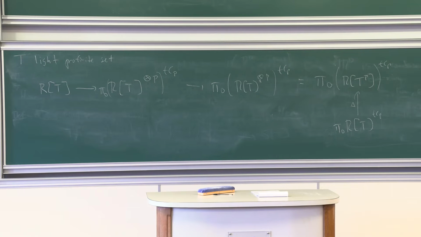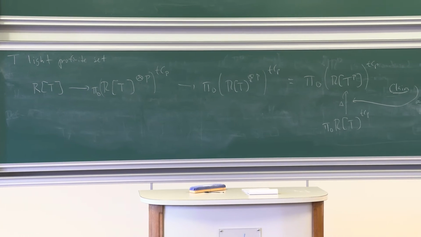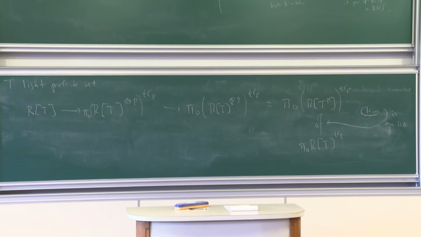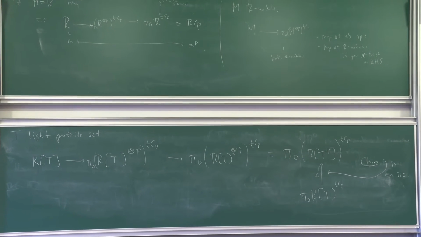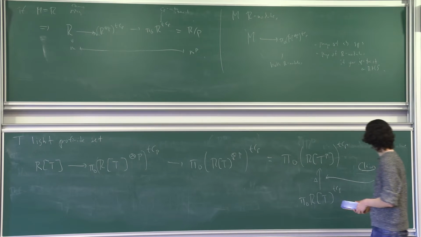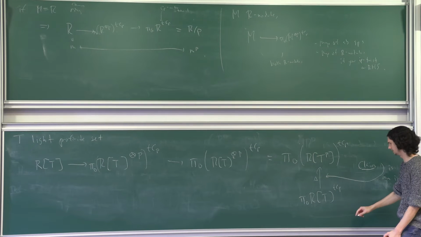And the claim is that this map is an isomorphism. If you buy that, then you're basically done.